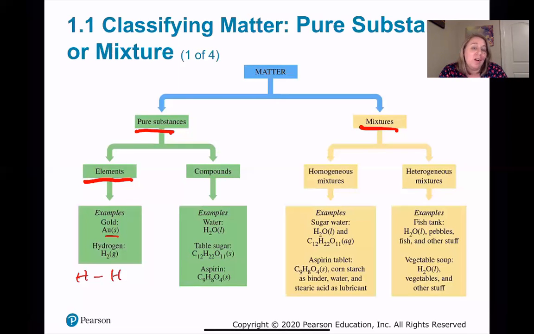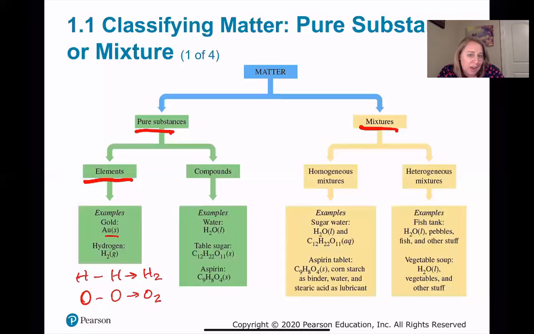And so these are also pure substances. There are a couple of different ones that will do this. Oxygen will bind to itself. So we call this H2. We call this O2. Anytime you see that, where it's just one element and it has a little subscript number, it's just telling you that it's two of the same atom. And so those are all still classified as elements and pure substances.